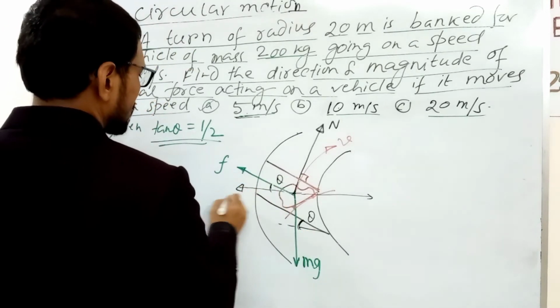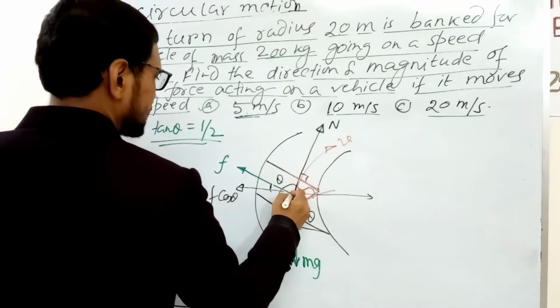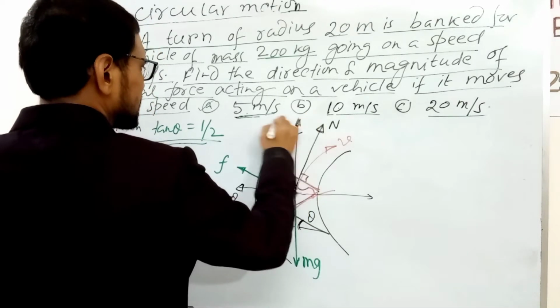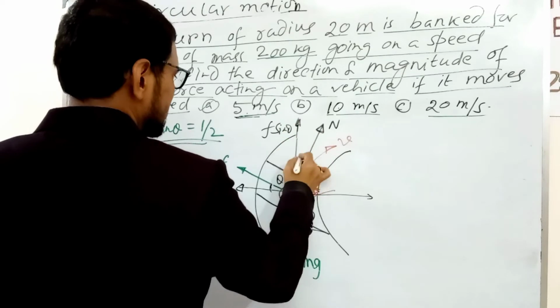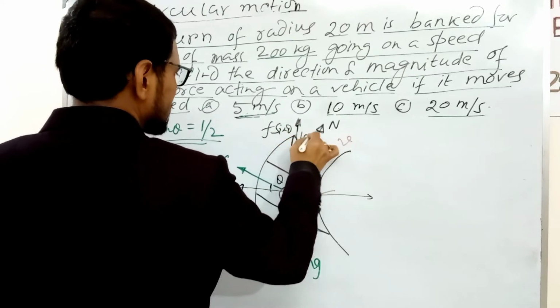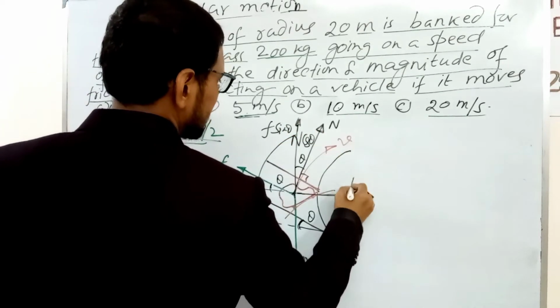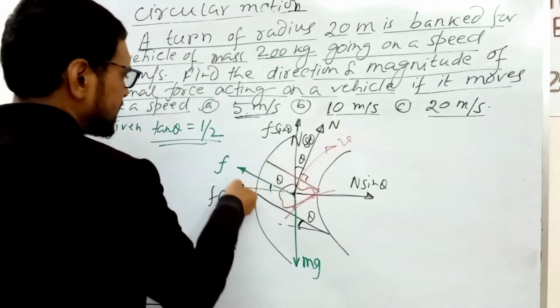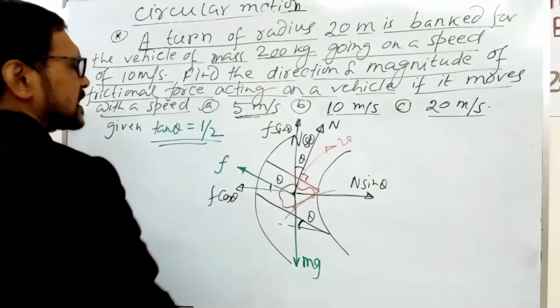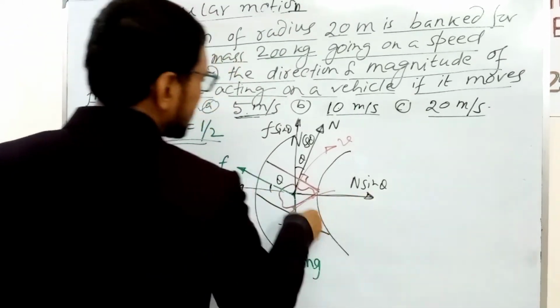So the components of f are f cos theta and f sin theta, and for n, this is n cos theta and this is n sin theta. So resolve n and f along horizontal and vertical.